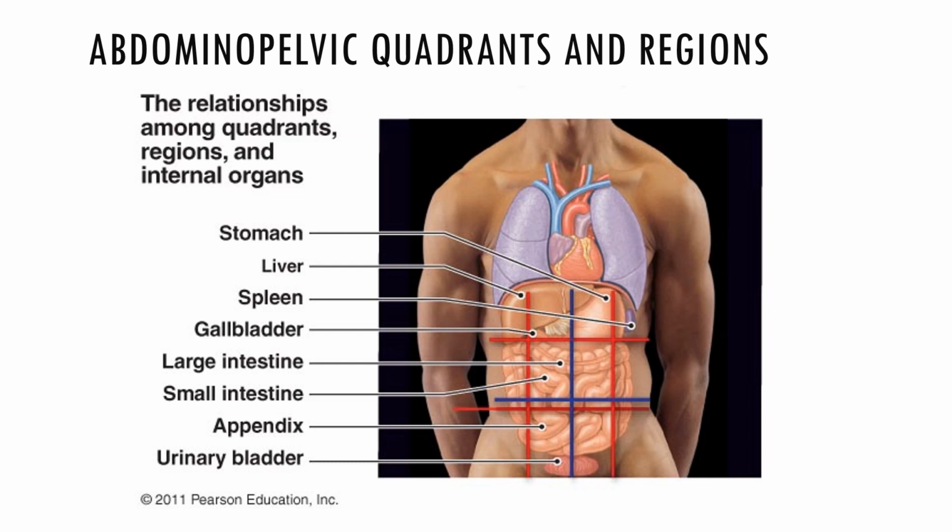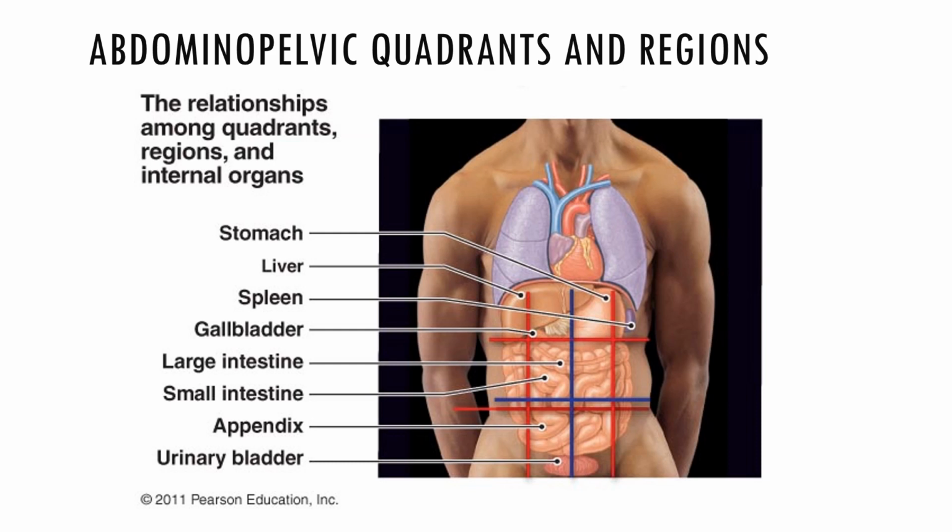The left upper quadrant contains the stomach and spleen. The left lower quadrant contains the descending colon. And the right lower quadrant contains the cecum and ascending colon.